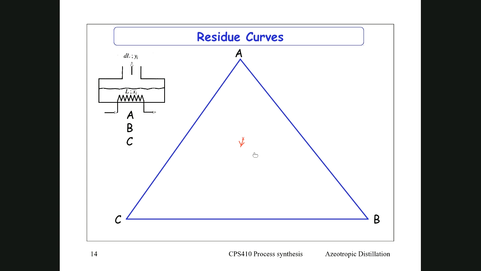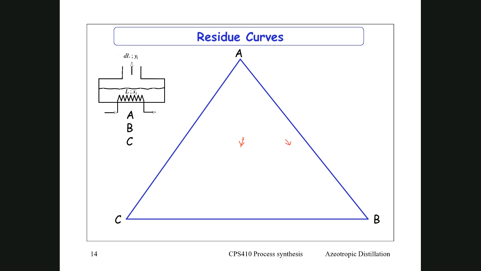And in a similar way, if we start with a liquid composition that looks like that, it will also have a vector, and we can start putting vectors like that all over this page.